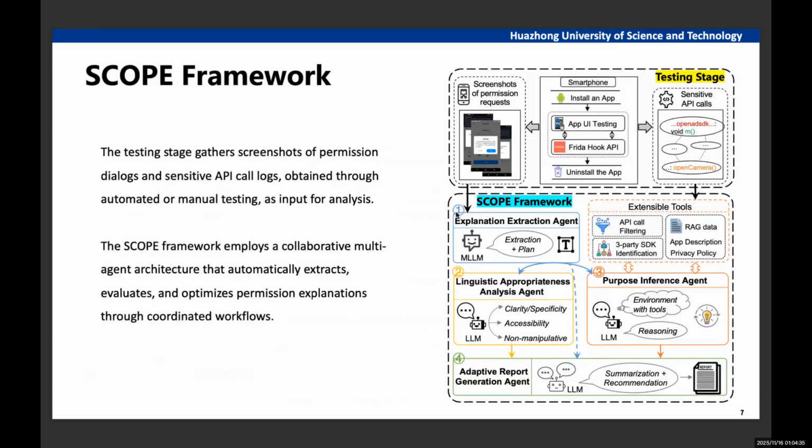Based on the identified problems, we propose a multi-agent framework called Scope. Its inputs include screenshots of permission dialogues and sensitive API call logs. Then each agent automatically extracts, evaluates, and optimizes permission explanations.